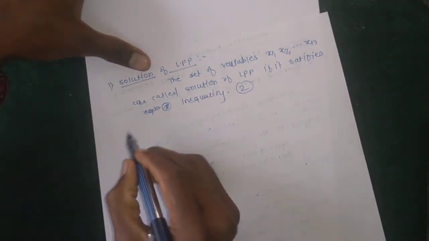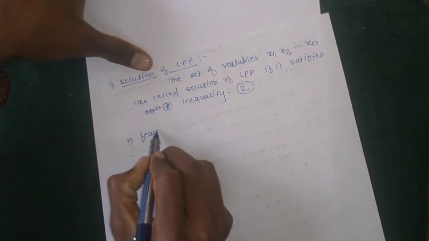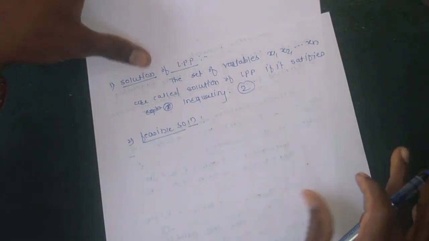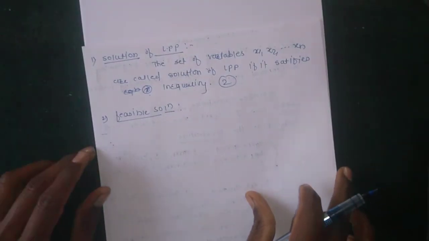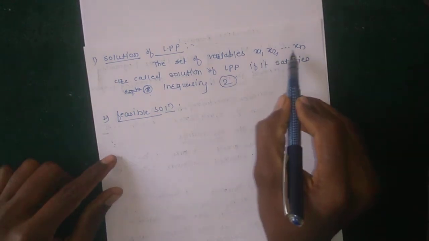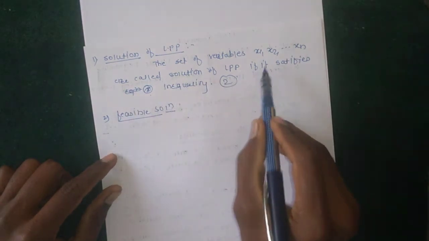Next definition is feasible solution. What is meant by feasible solution? Feasible solution means those x1, x2, up to xn that satisfy the condition of feasibility, that is, the non-negativity restriction.